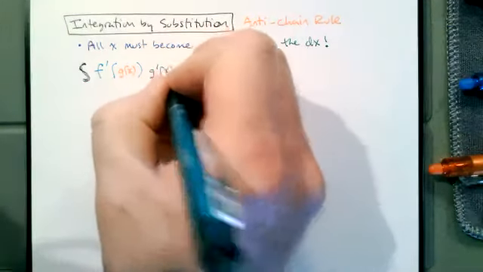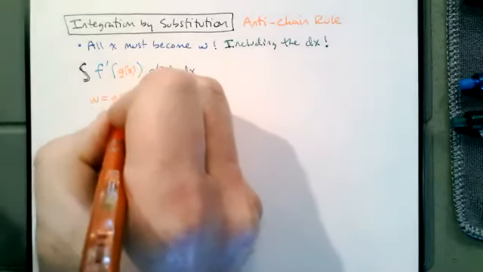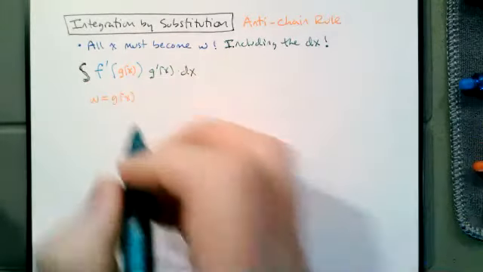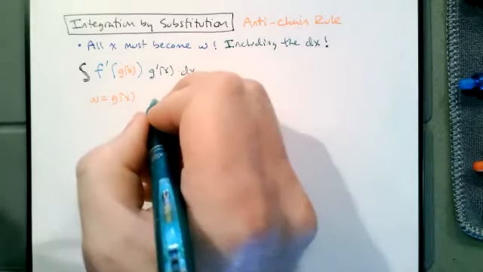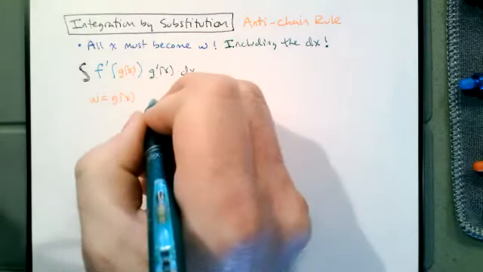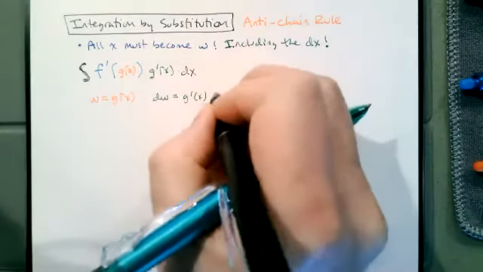So the technique goes, we set w equal the inside, and then we take the derivative of the inside to see what the dw is going to be. So if w is g of x, then dw is g prime of x, and this is where we attach the dx.